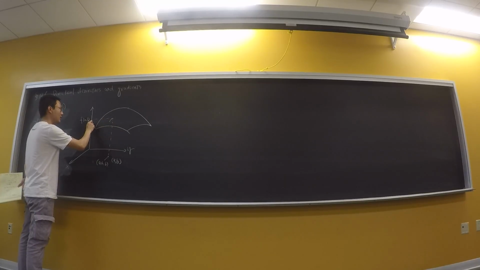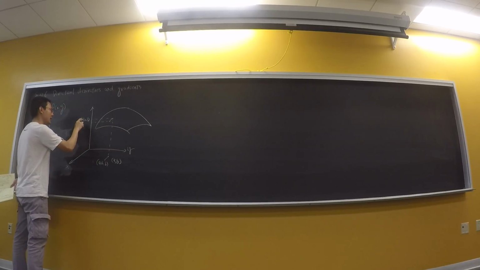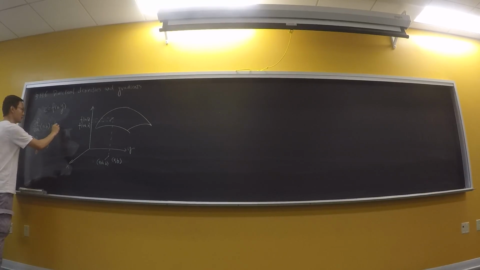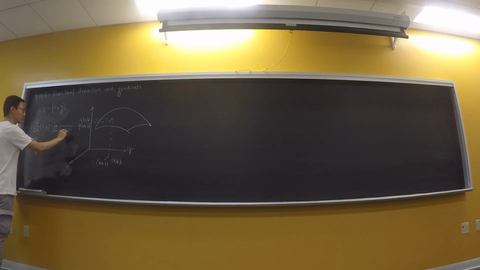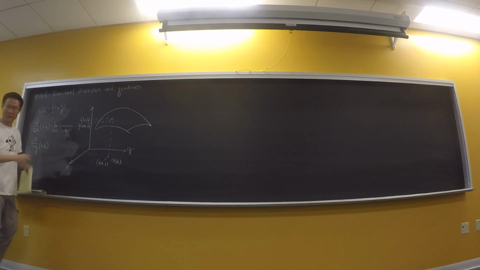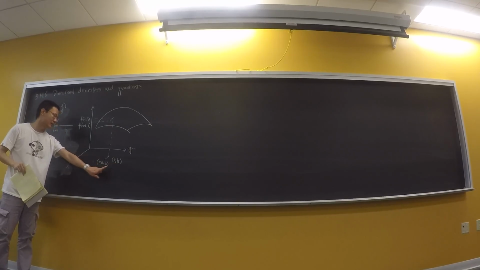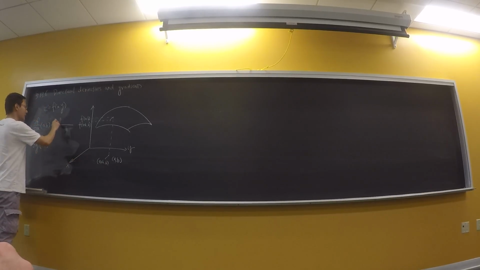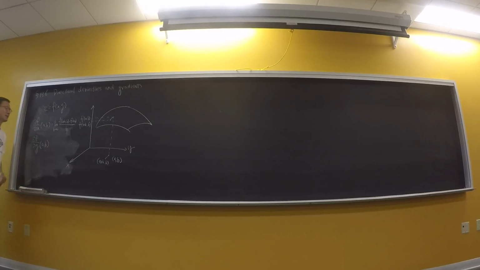Therefore, the function value will change from f(a, b) to f(a plus h, b). So this is equal to the limit as h goes to 0 of the change in the dependent variable, f(a plus h, b) minus f(a, b), over the change in the independent variable, which is just h, since y stays put and x is changed by h. This is the definition of the partial derivative with respect to x.